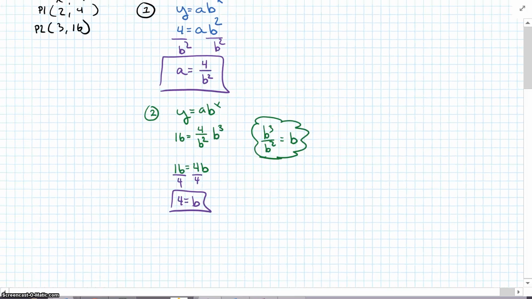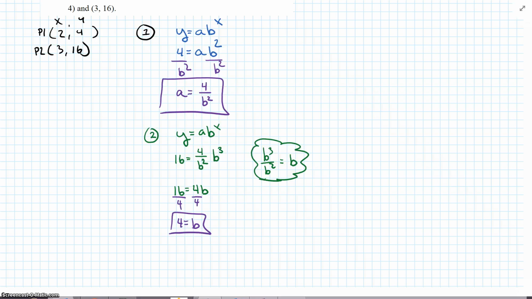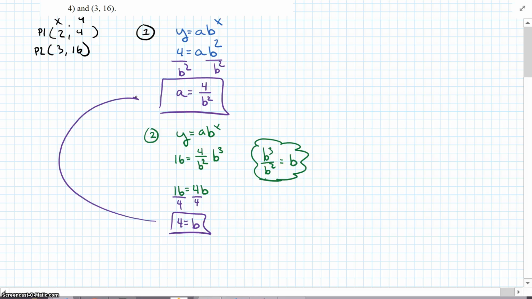Okay. So now we can go back to either equation and just plug in, or let's actually go back to our a equation and plug in our b equals 4. So we're going to go a equals 4 over b squared, 4 squared, which is 4 over 16, which would be 1 over 4.